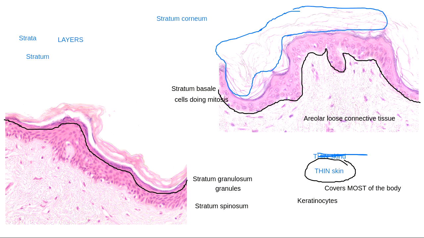So we're going to look here in a moment at thick skin. Thick skin, because it's thick, is actually going to have an extra stratum in it. So when you're learning your strata, there is one particular stratum that I do not have in thin skin that I have in thick skin. So I'm going to flip over now to thick skin, and we're going to talk about that extra layer.